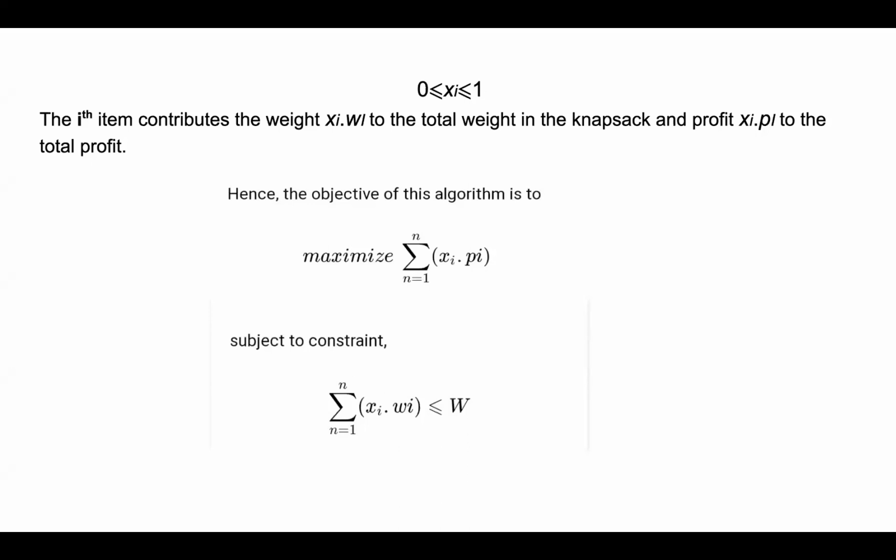So the total weight xi into wi should be less than or equal to capital W. So the constraint will be: summation i equal to 1 to n of xi into wi is less than or equal to W.